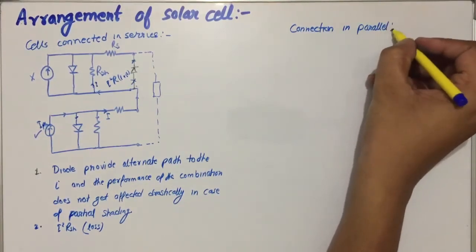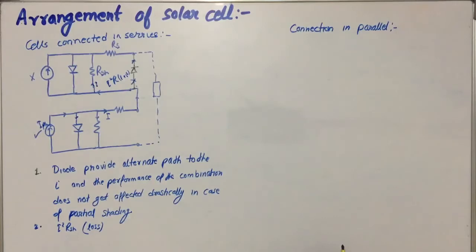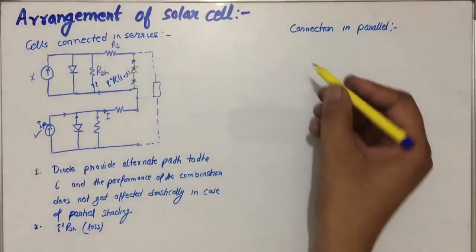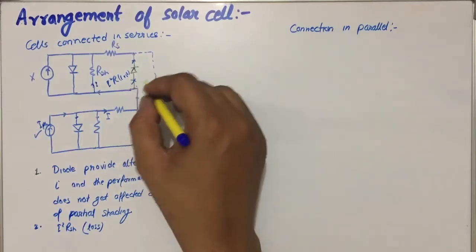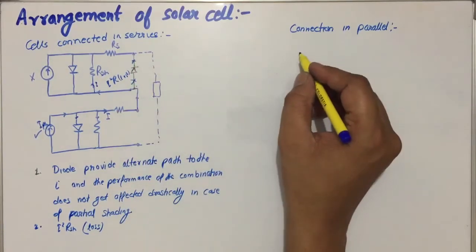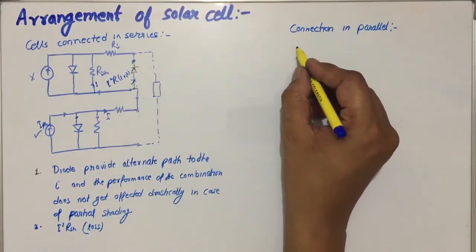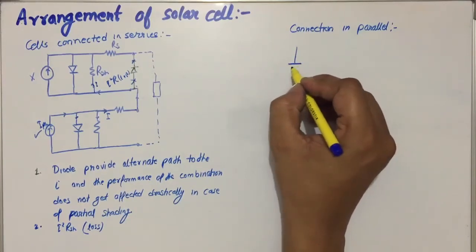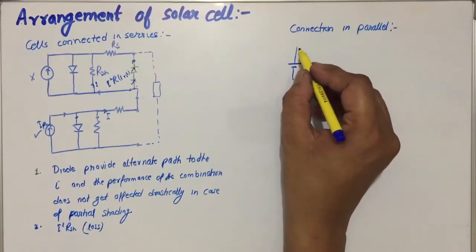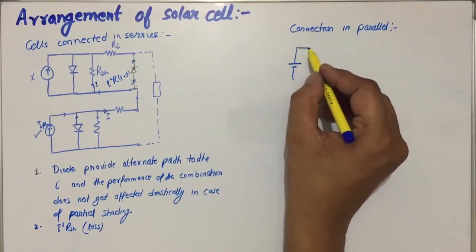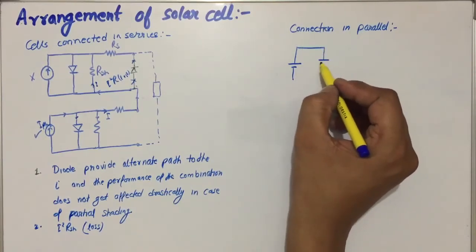Now if you talk about the parallel connection, then consider the equivalent voltage at the load terminal, from cell 1 and cell 2.